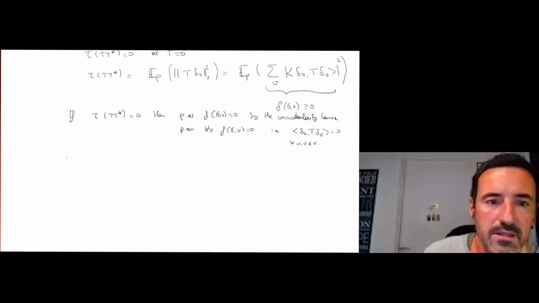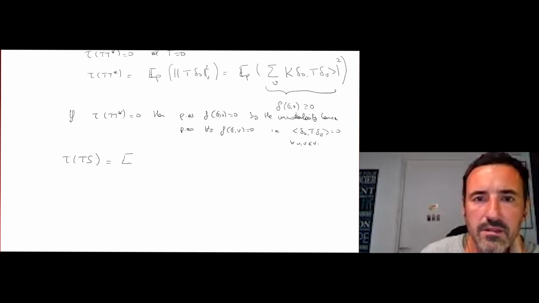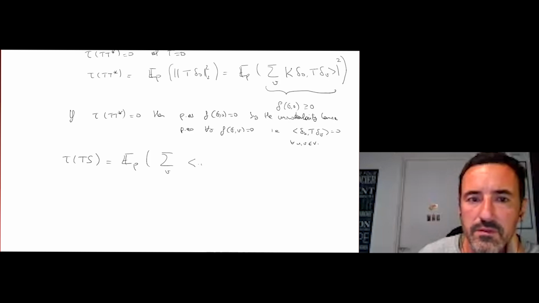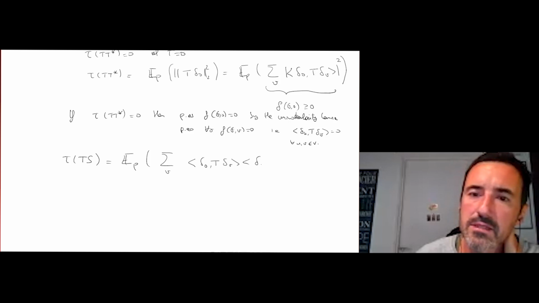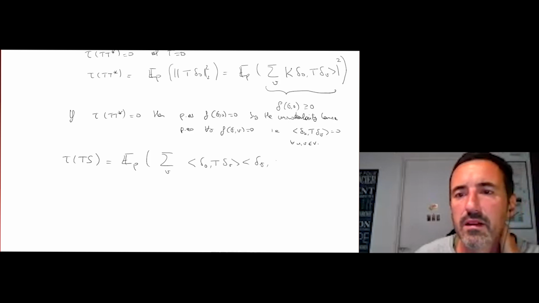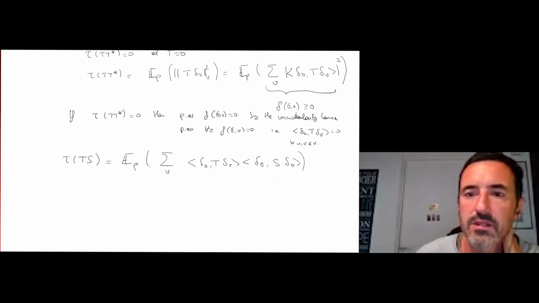And for the trace, if you look at tau of T S, you use the same formula: the sum of the Dirac mass at V, S, Dirac mass at O. This is the definition.